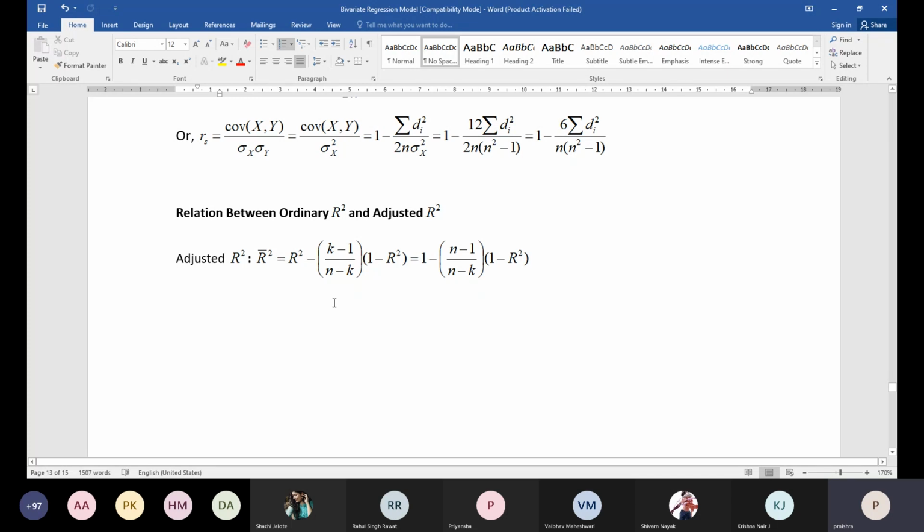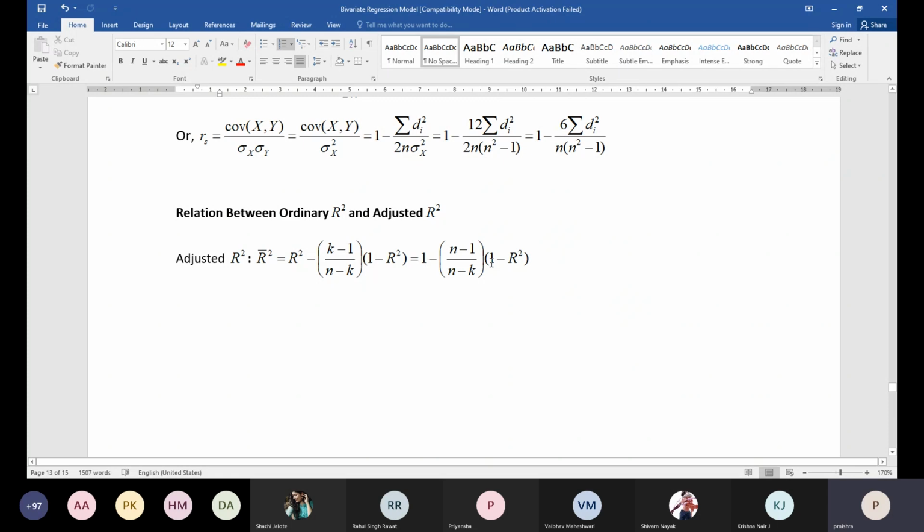But at the same time, there is another part of it. As you add more and more independent variables, this R square value is likely to increase. So just see this part.